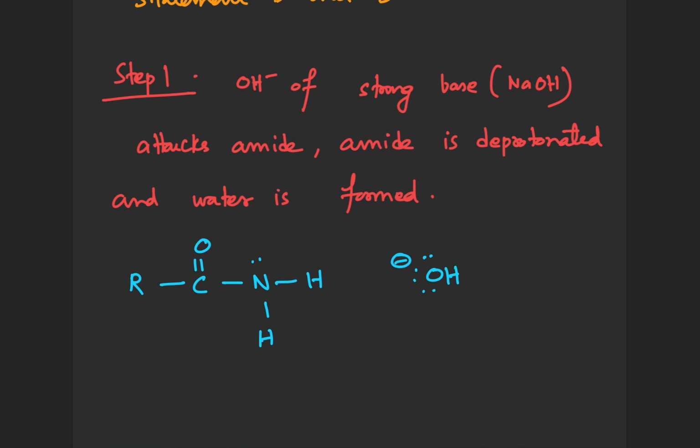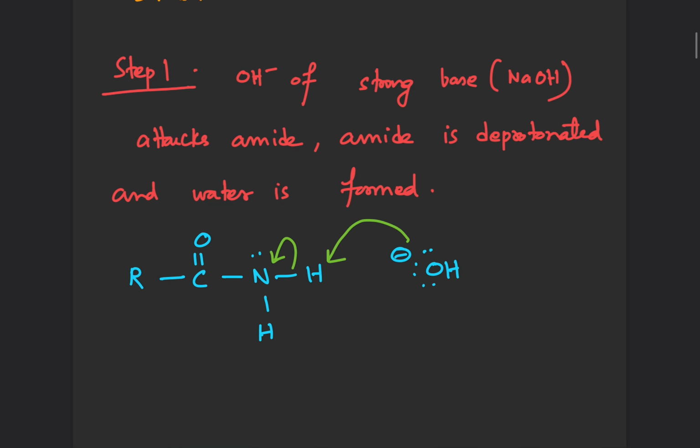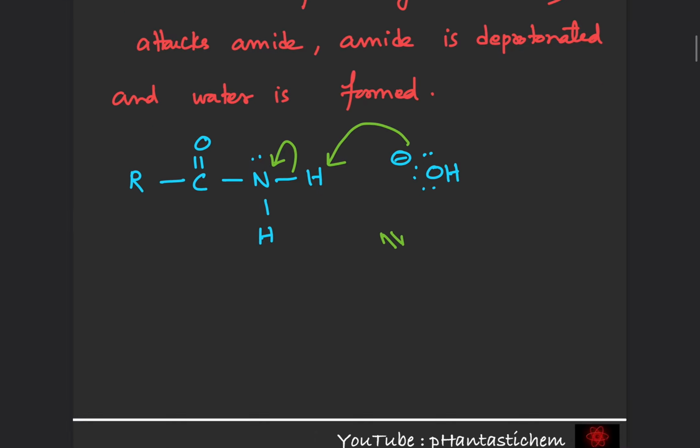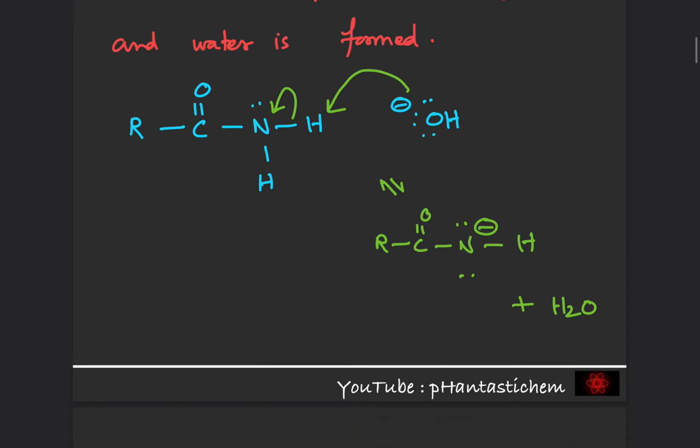Using arrows, since nitrogen extracted these sigma bonds as a lone pair, we will get RC double bond O, N lone pair H, with a negative charge, and obviously H2O as one of the side products. So this is step 1.